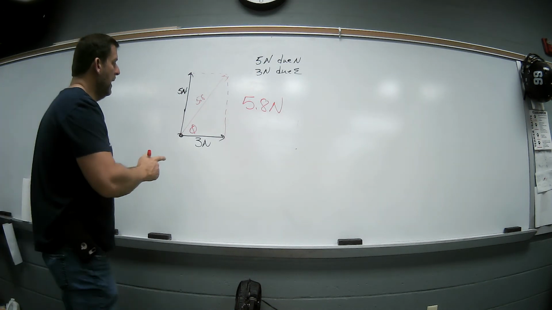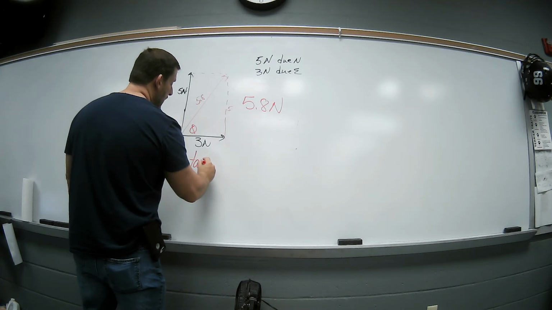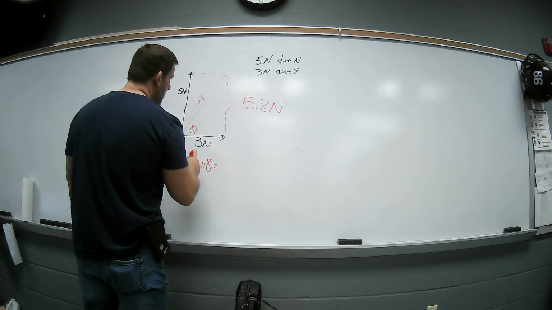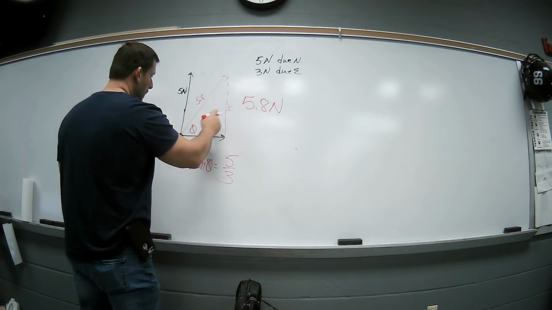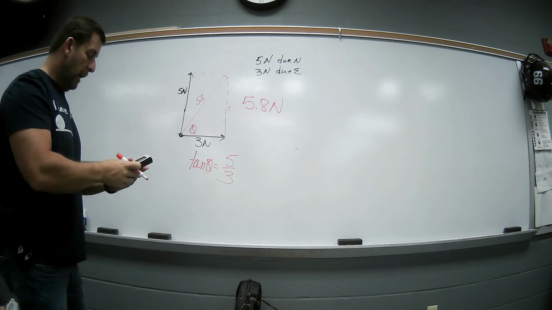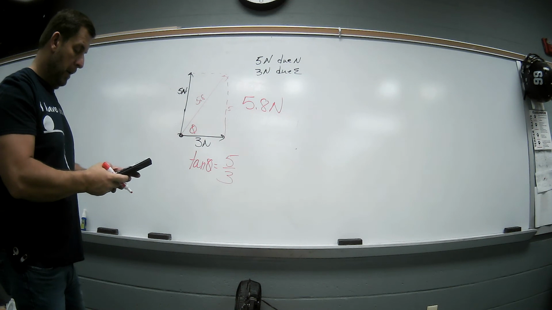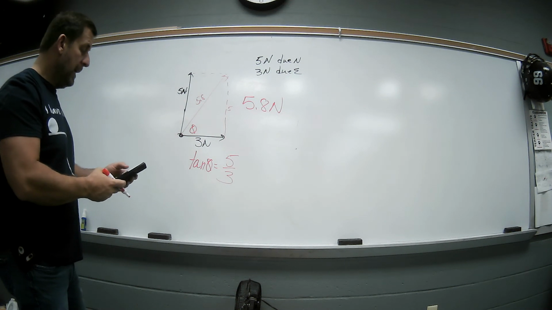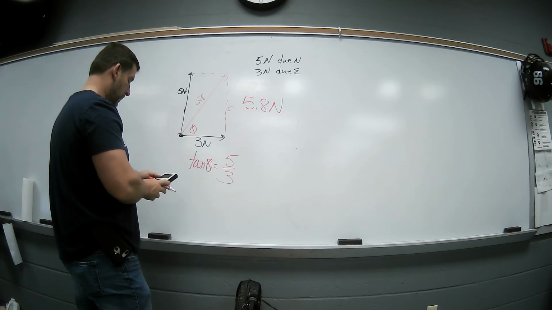Let's do the angle. The opposite is 5. Tangent of theta is equal to 5 over 3. All right, so I'm going to do second tan of 5 divided by 3. And what I get, whoop, I did something wrong here.